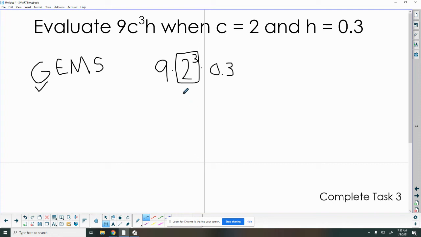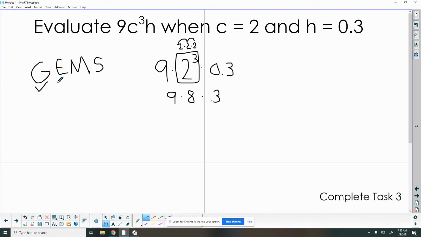We have 2, 3 times. See if you can write that down. So this means 2 times 2 times 2. So 2 times 2 is 4, times 2 is 8. So this becomes 8, and we bring everything else down.